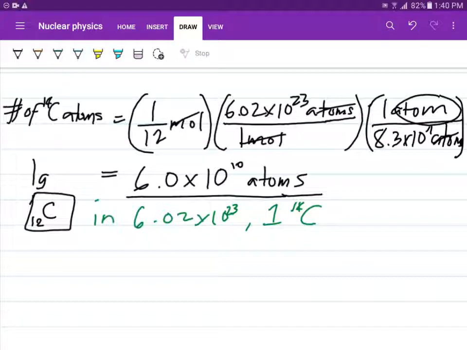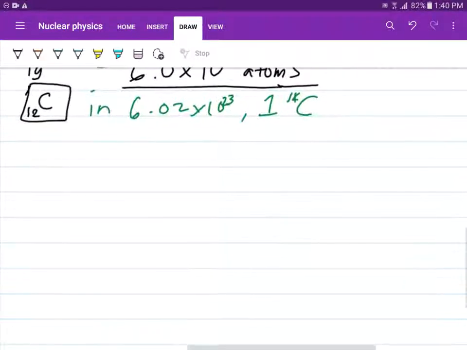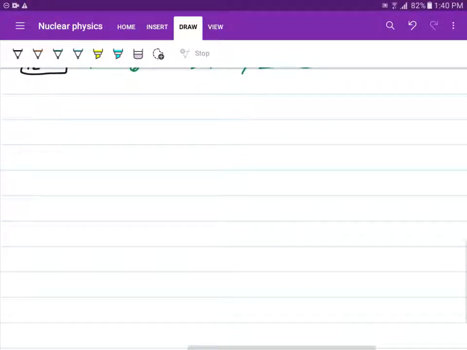So next we will find the decay constant for carbon-14. Solving for the decay constant, we have lambda equals natural log of 2 over the half-life.